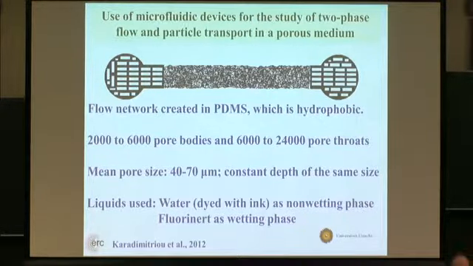When a solid is in contact with two or more fluids, it has a preference for one of these fluids. It would love to have that particular fluid next to it, the solid surface being covered by that, and it doesn't like the other fluid. So the one that it likes is the wetting phase. The one that it doesn't like is the non-wetting phase.